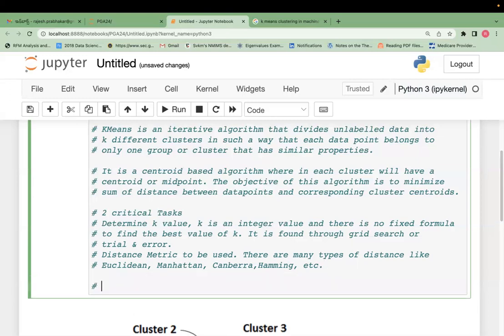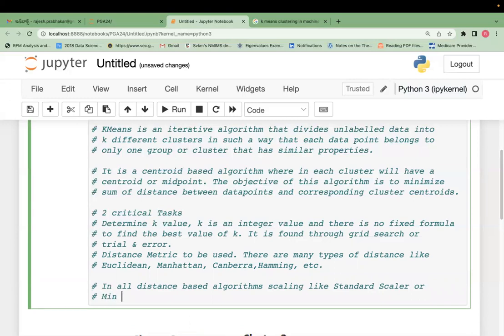And like in all distance-based algorithms, scaling like standard scaler or min-max scaler must be done before running the clustering algorithm.